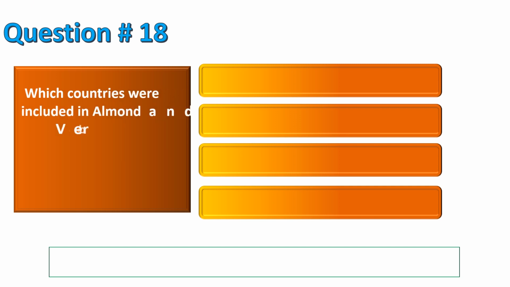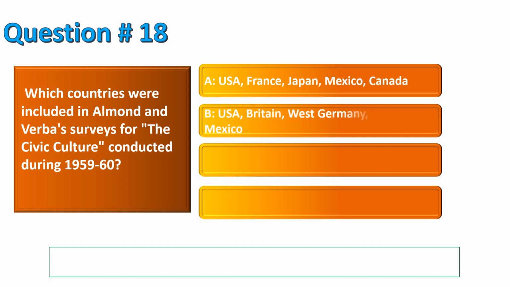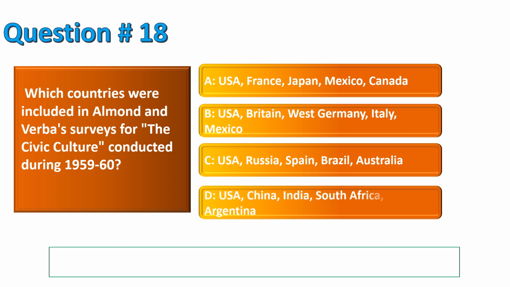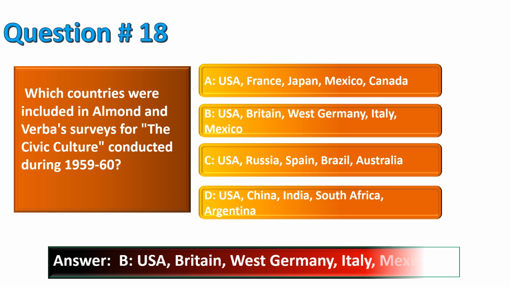Which countries were included in Almond and Verba's surveys for The Civic Culture conducted during 1959 to 60? The correct option is option B, USA, Britain, West Germany, Italy, Mexico.